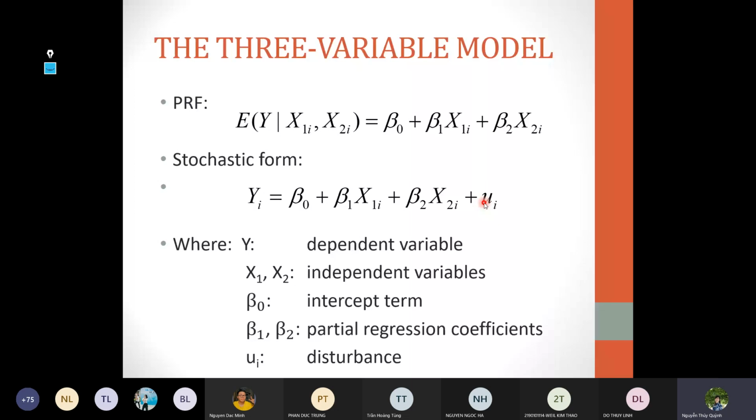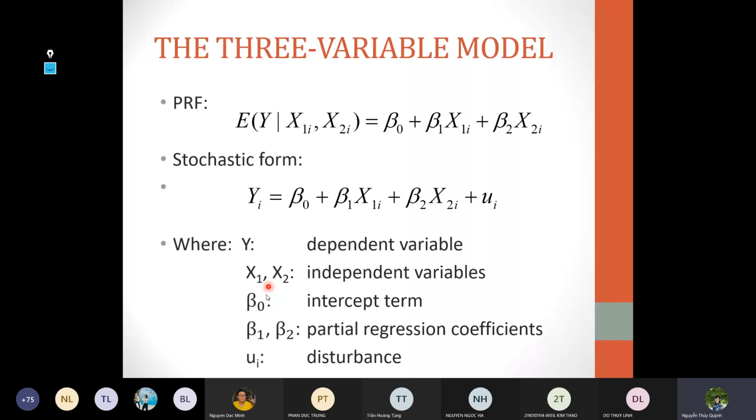It's quite the same as the 2-variable regression model. Here y is the dependent variable. We have two independent variables in this model, x1 and x2.